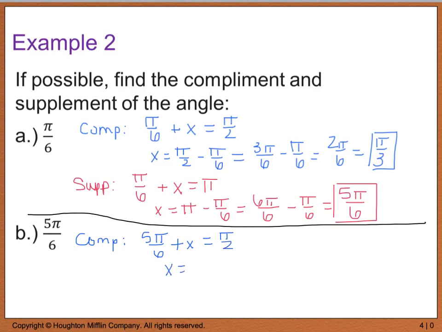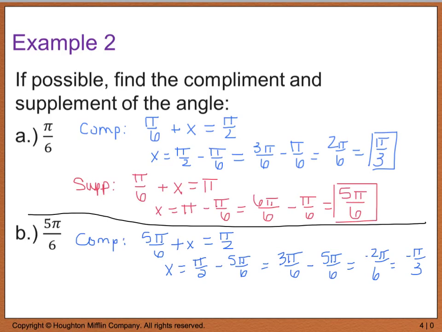That tells me that x is equal to pi divided by 2 minus 5 pi over 6. When I get common denominators, I have 3 pi divided by 6 minus 5 pi divided by 6, or I end up with a negative 2 pi over 6, which is really a negative pi over 3.